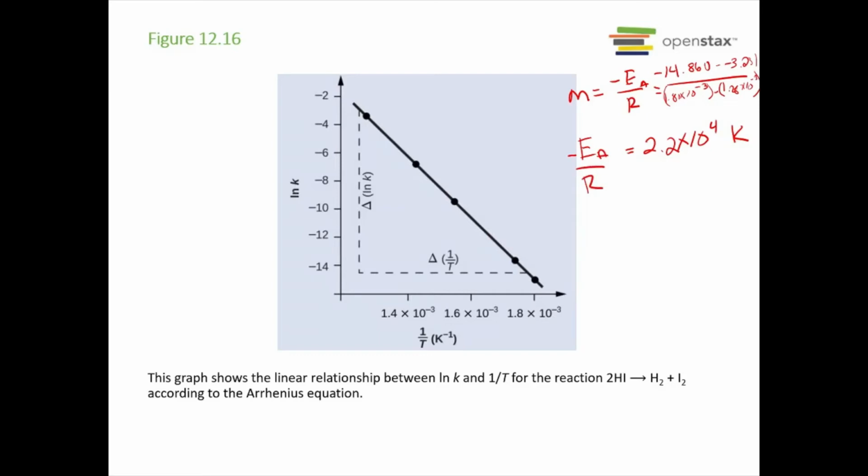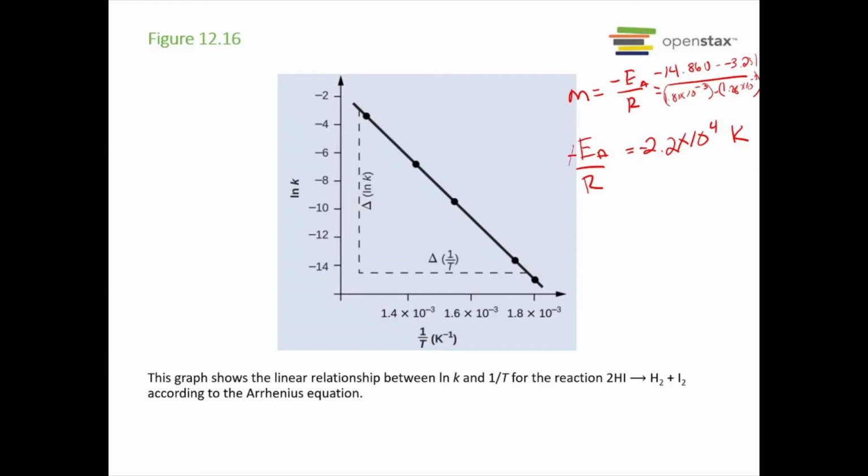So we're going to multiply both sides times R. Oh, sorry, this should be negative 2.2 times 10 to the fourth.